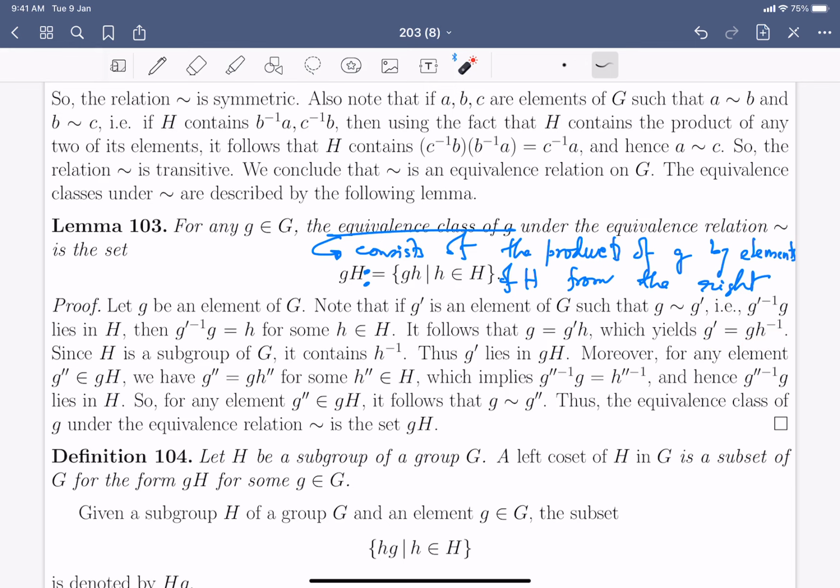So this element g prime is of the form g times an element of H. Note that h inverse is also an element of H, because H is a subgroup.